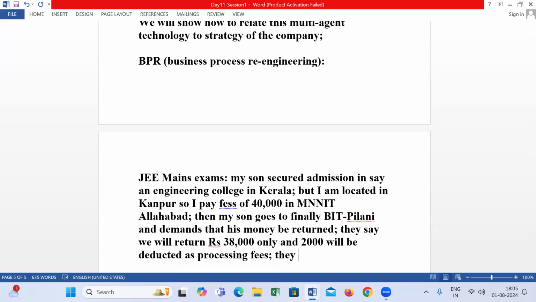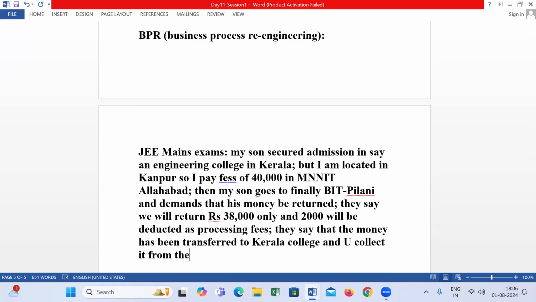They say that the money be transferred to Kerala College and you collect it from there. That's a big headache for parents as well as the child to collect this 38,000.